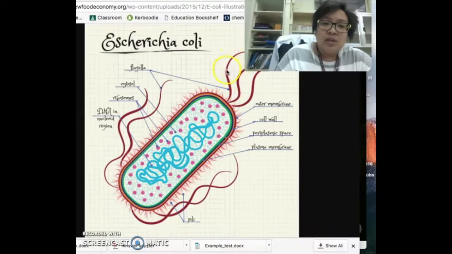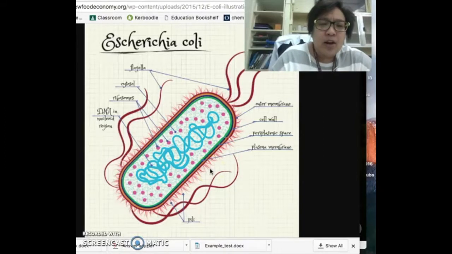The flagella is for swimming through the medium, for movement in water, and the pili are for attachment, to attach to a tissue or to another bacterium. So this is the general simple structure of your prokaryote. Again, it has a cell wall, cell membrane, the nucleoid region, ribosomes, the long flagella, and these little hair-like projections called pili.